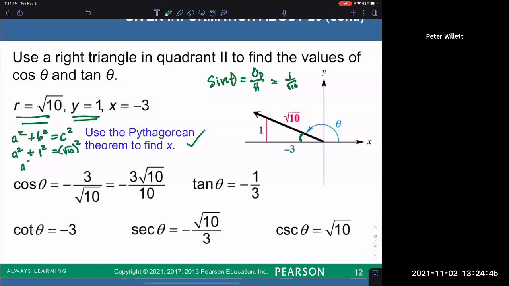So this means a squared, the bottom, is equal to 10 (square root of 10 squared is 10) minus 1 squared is 1, which is 9. And since a is squared, that means the length of a is equal to the positive or negative square root of 9.